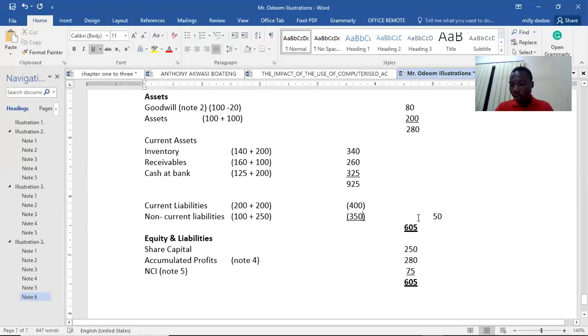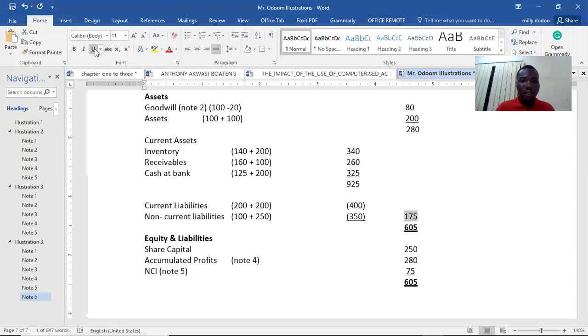So 400 plus 350 is 750. So 925 minus 750 is going to be 175. So 175 plus 280 is going to be 455.